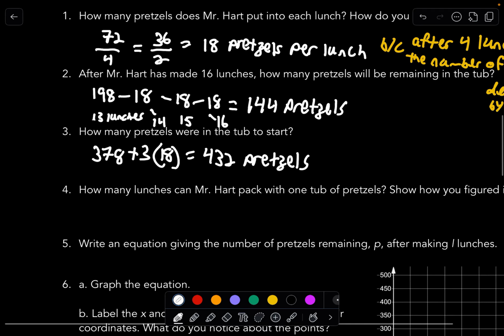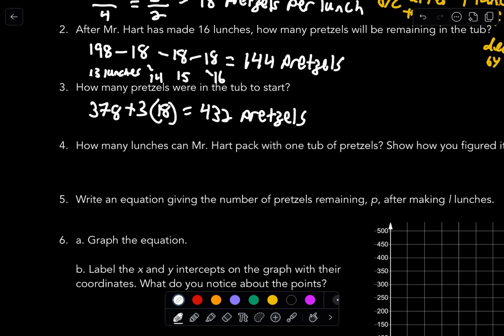Okay. How many lunches can Mr. Hart pack with 1 tub of pretzels? Show how you figured it out.